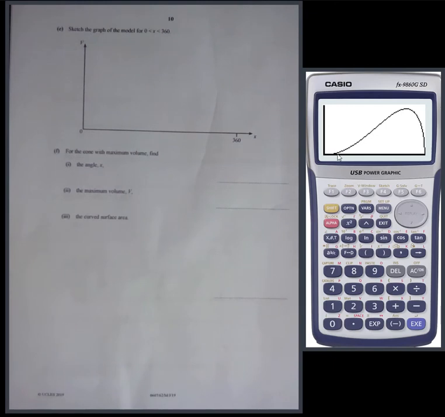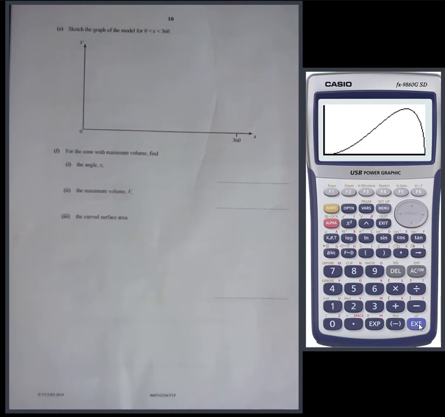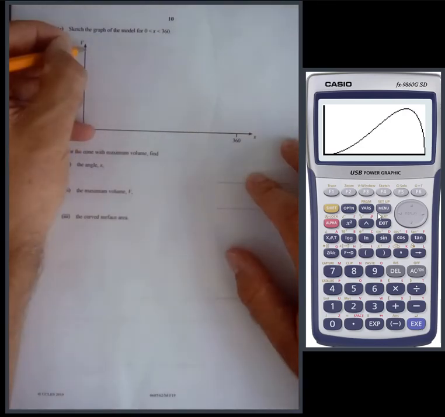Okay, so that's much better. As x gets bigger and bigger, you can see the volume increasing, and then we get to a point where it drops rapidly. So now we can draw the graph. Remember, for communication, we should say where this top bit was, and if you're not sure, just look at your view window. That's 2500. So this at the top is 2500.